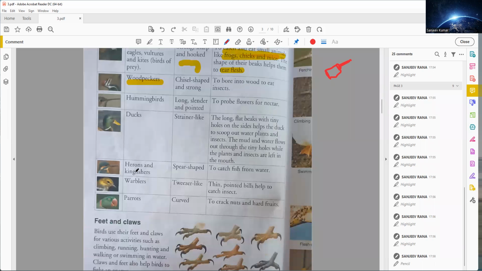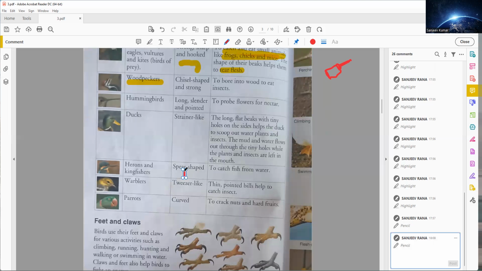Then the next is kingfishers. Kingfishers, herons, I don't know if you have seen them or not, but you would have seen a kingfisher. It has a long beak that is spear-shaped. What is a spear shape like? They are able to pick up the fish with the beak.